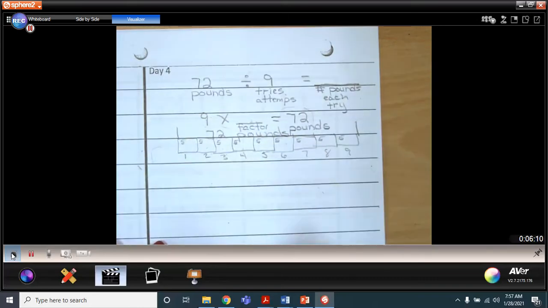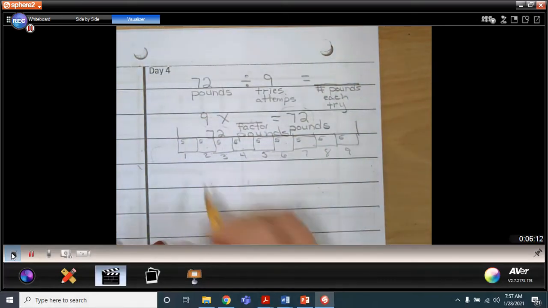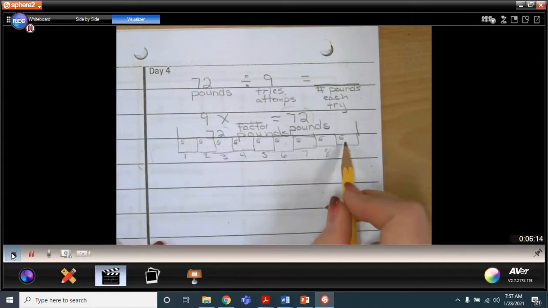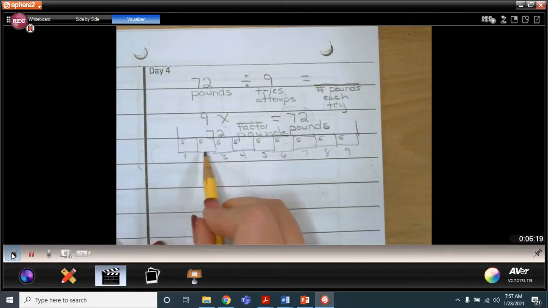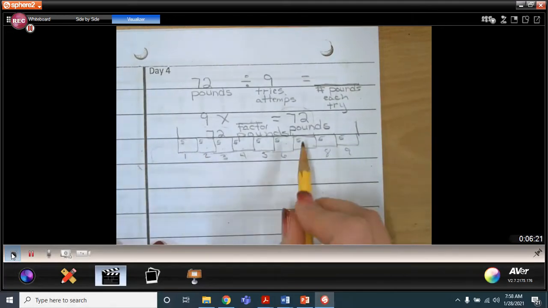When we count up to 72, we've just eliminated up to 45. Now we could go from 45 and start adding in the rest to get to 72.